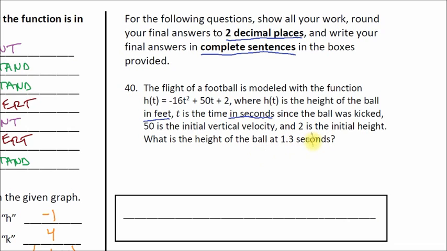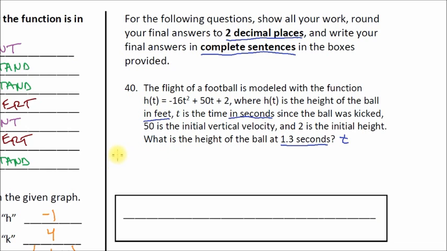What is the height of the ball at 1.3 seconds? Well, 1.3 seconds, class, is just the value of t. So if we know the equation, we're going to plug in t, and it's going to tell us what the height is. That's what the equation of the flight of something does. We plug in the time and it tells us what the height is.